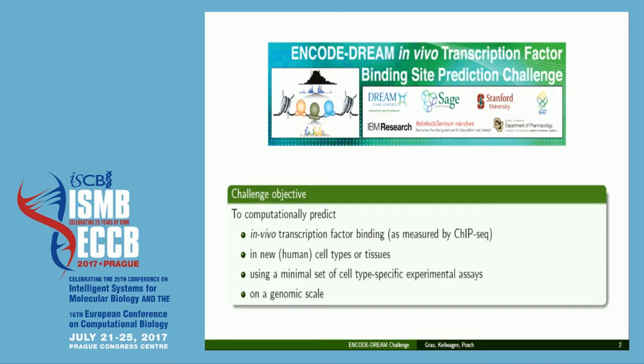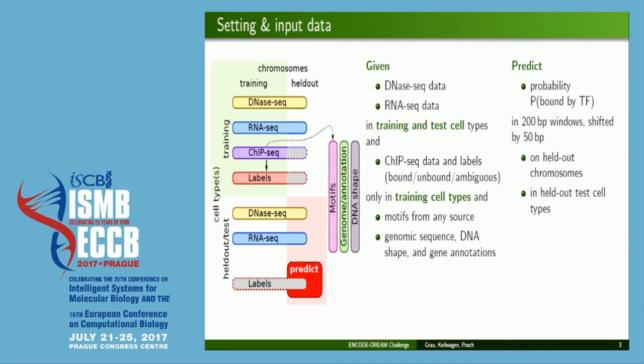And this challenge has been about the computational prediction of transcription factor binding as we can measure it by ChIP-seq experiments in new, previously unseen human cell types or tissues using a minimal set of experimental assays and doing that on a genomic scale. And more specifically, the setup of the challenge has been that we were provided DNase-seq data representing chromatin accessibility.